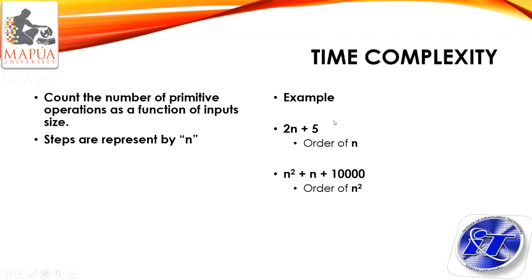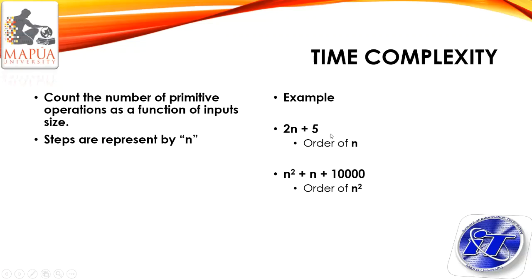So if it's infinity, 5 is negligible. 5 against infinity is negligible. Same as when you multiply 2 to infinity, it's still infinity. So therefore, n is the factor that affects 2n plus 5. So we could say that 2n plus 5 is based on the order of n and determines the growth rate of this algorithm.